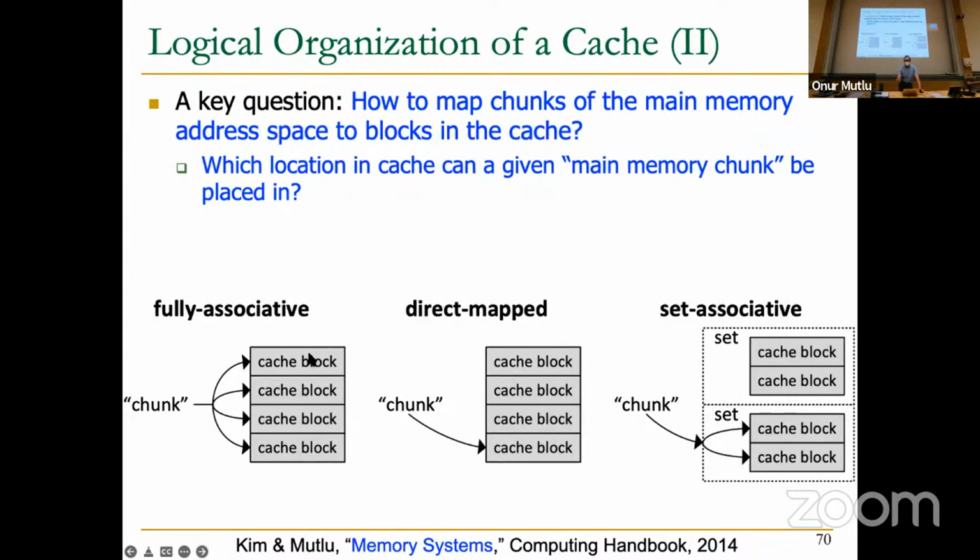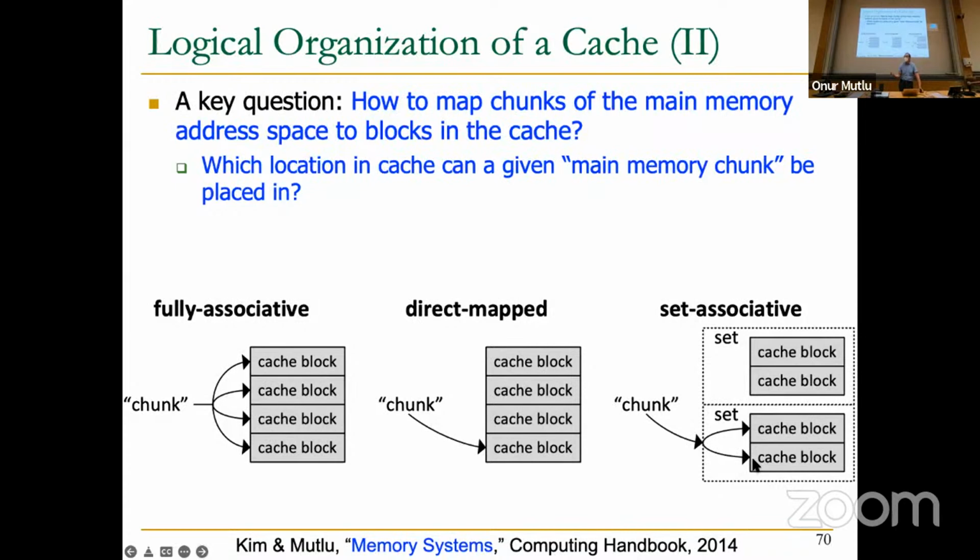And in the middle somewhere, there are set associative caches where a chunk from main memory can go to a set of cache blocks, but not to the other set. So in this particular case, we have 2 different sets. As you can see, each set has 2 possible cache blocks. A given main memory chunk can go to any of the 2 blocks in the same set.